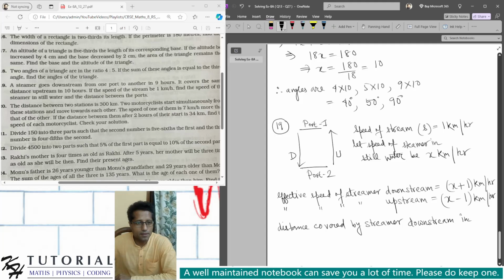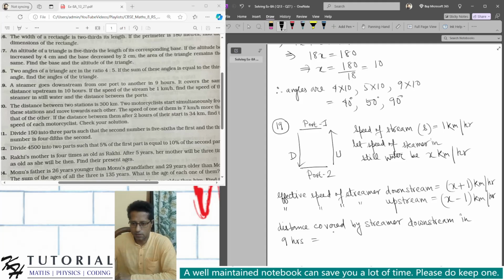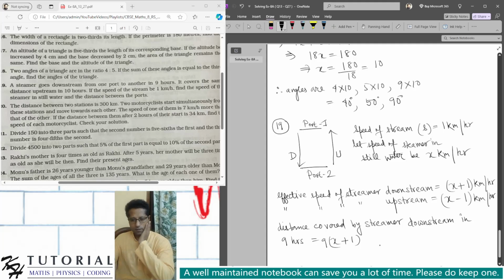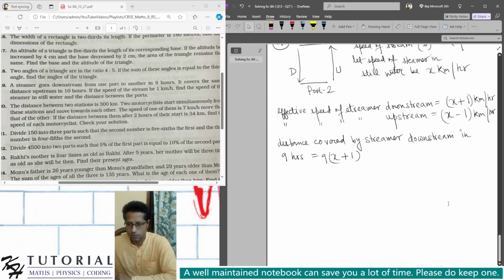It is given that the steamer goes downstream from one port to another in 9 hours. So the distance covered by the steamer downstream in 9 hours will be equal to the effective speed of the steamer downstream multiplied by 9. So 9 into x plus 1. So this is the distance covered by the steamer downstream in 9 hours.